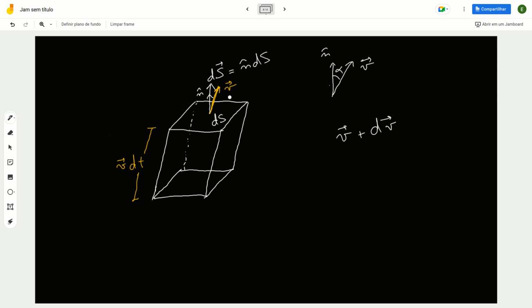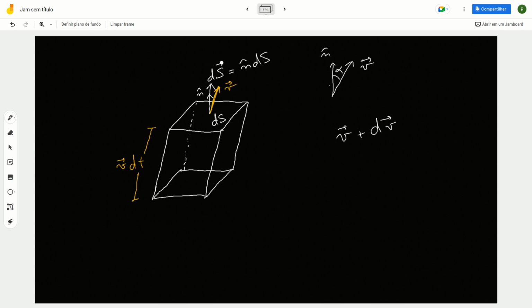So we have a bunch of particles with this velocity vector given by v, or v plus some small deviation dv. And then we have a surface here, ds. ds is the surface element, and it represents the area of the surface element. The surface element may be given by its area, ds, or by its vector element, ds arrow, which is just the unit normal n times the area ds.